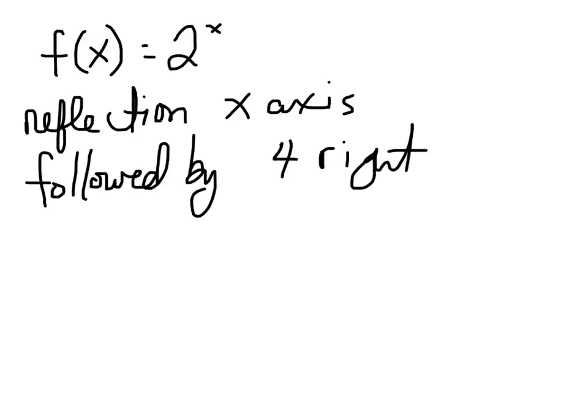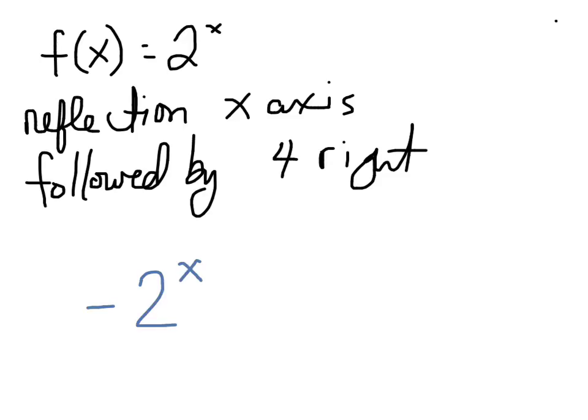Okay. So where does the reflection on the x-axis go? Does that go inside the grouping symbol or outside the grouping symbol? Where would outside be for this? In front of the 2, right? So my new one would be negative 2.